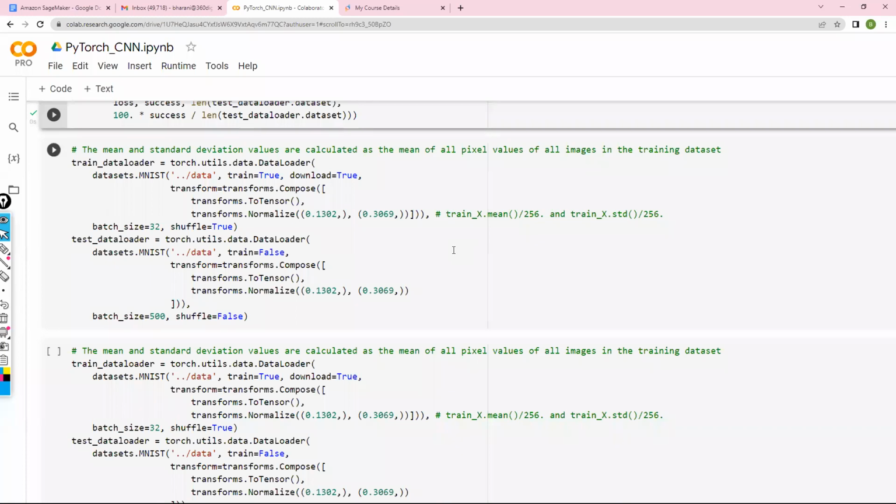So here there is another thing which is called the data loader from the Torch module. And these lines of code, datasets.MNIST, etc., will just extract the data, but it is doing a lot of pre-processing. Here we are mentioning various things such as batch size. What batch size you want to select is left up to you.